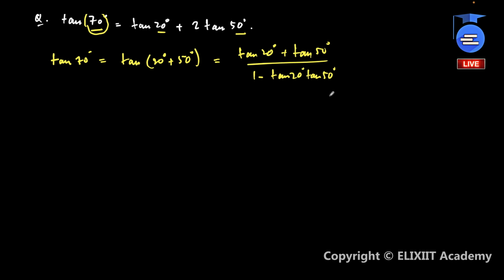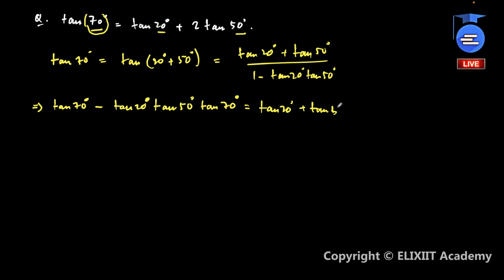What do we do next? Let us cross multiply and see, because we have to bring this expression. So if you cross multiply, here we have tan 70 minus tan 20 tan 50 tan 70, and right hand side, we have tan 20 plus tan 50.